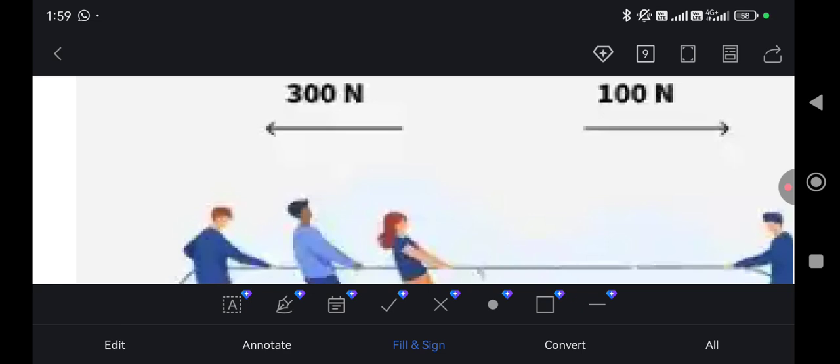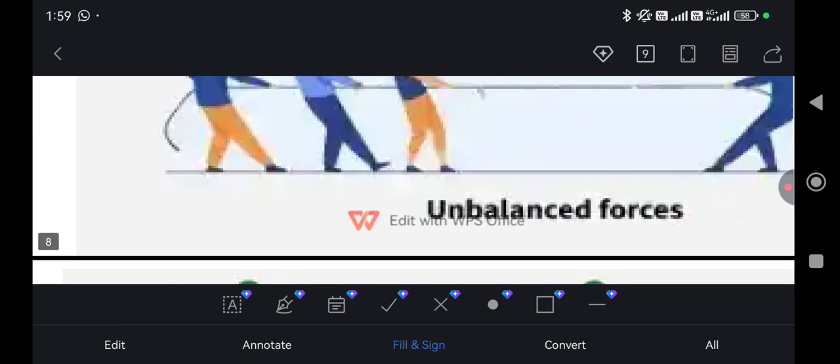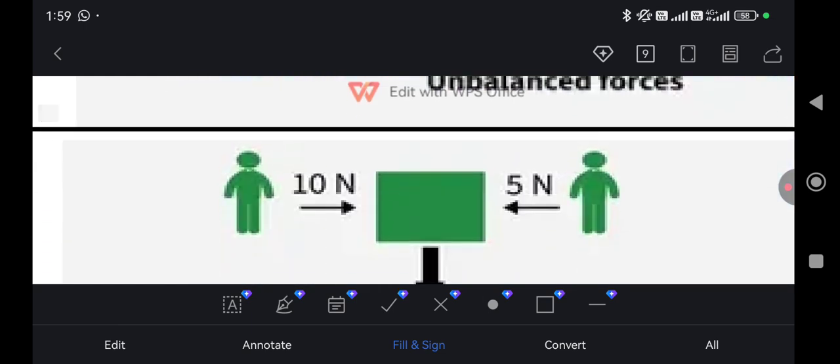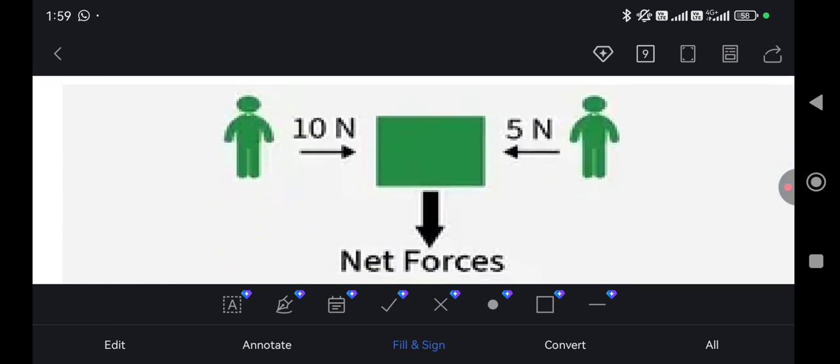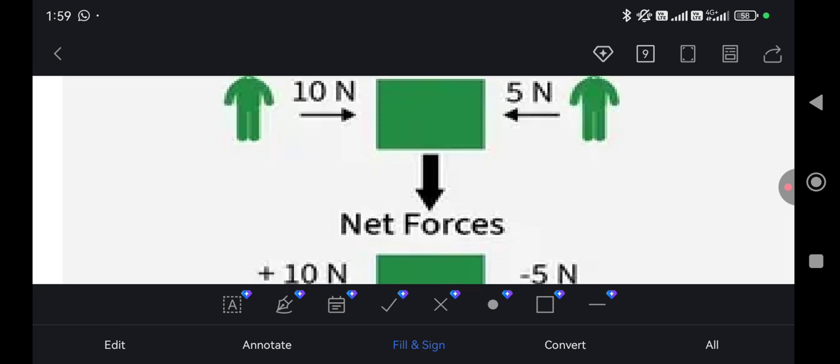Here you see, in tug of war, one team is pulling the rope with 300 Newton force, while the other is pulling the rope with 100 Newton force. This is unbalanced force. Here also shows unbalanced force.